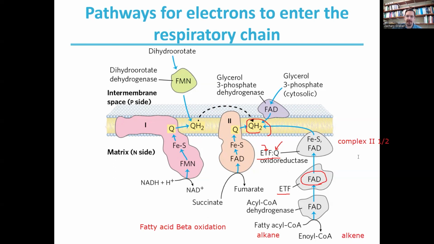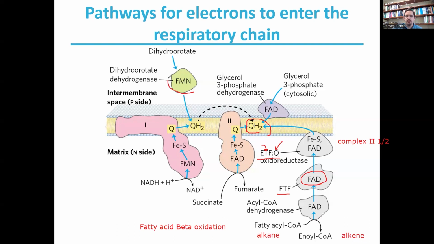Although nobody uses that name, you can think of it as essentially another form of complex 2, dumping those electrons into ubiquinol. On the cytosolic side, we also have a couple of other sources that will be dumping electrons into ubiquinol.